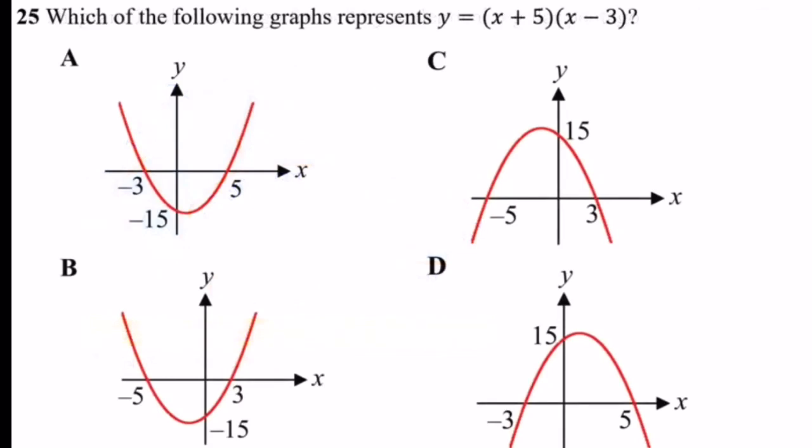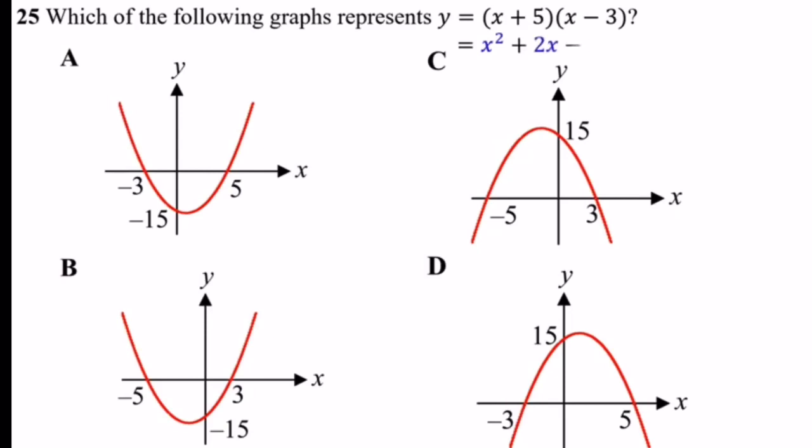Given y equals x plus 5 and x minus 3, which of the following graphs represents it? The moment you see the quadratic function, you must know if it is happy or sad first. How do you know? You need to find the coefficient of the x squared, the number in front of the x squared. Do you know what coefficient means?